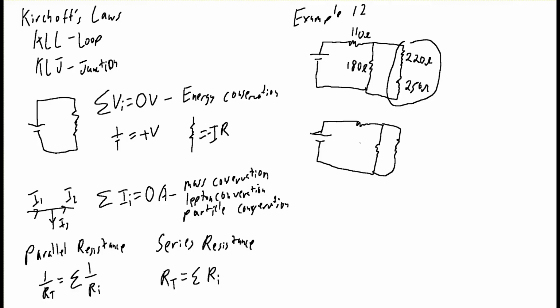Now this is 180 ohms. This is 110 ohms. And this is the sum of those two. So 220 plus 250 is 470? It is. So now I have this to be 470 ohms.